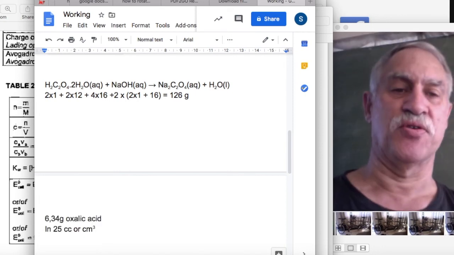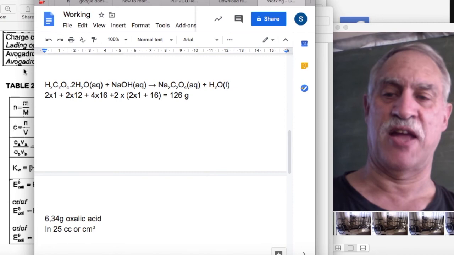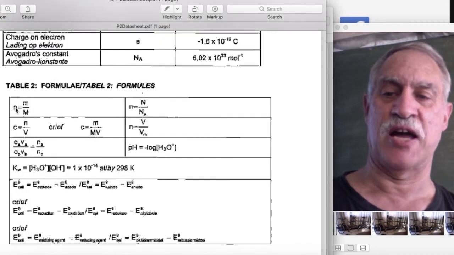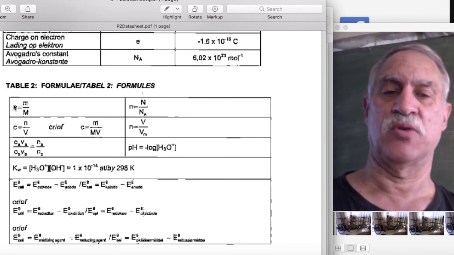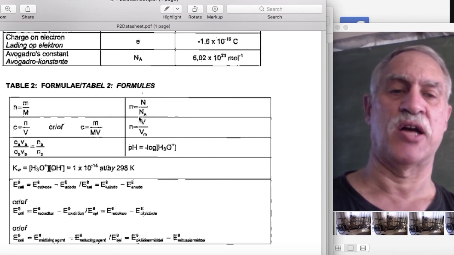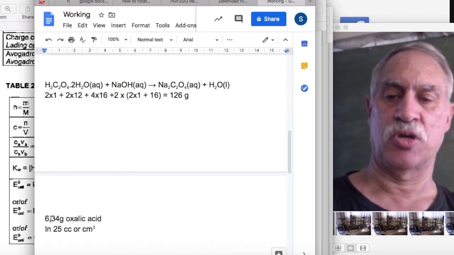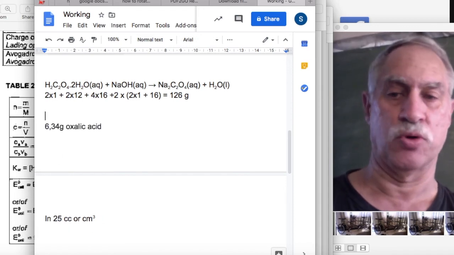Now let's go to our BFF and let's go and get a formula to find out how many moles we've got: mass over molar mass equals number of moles. And let's work out from that how much 6.34 grams of oxalic acid would be worth.